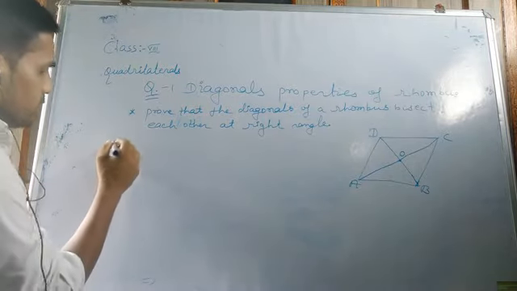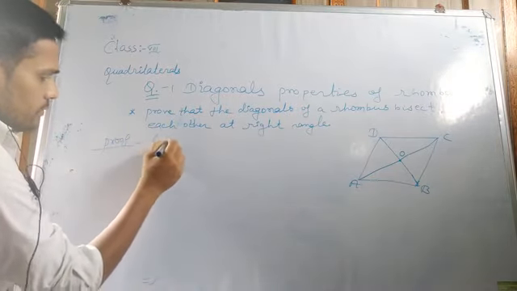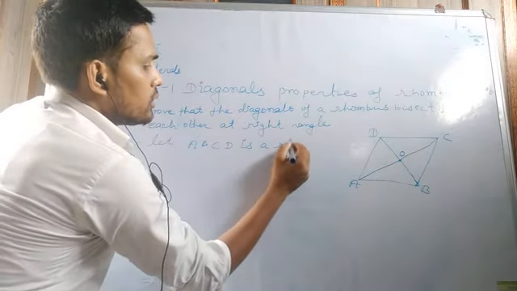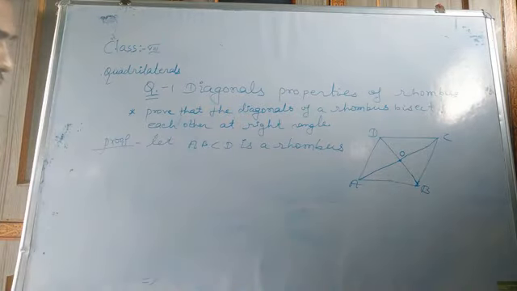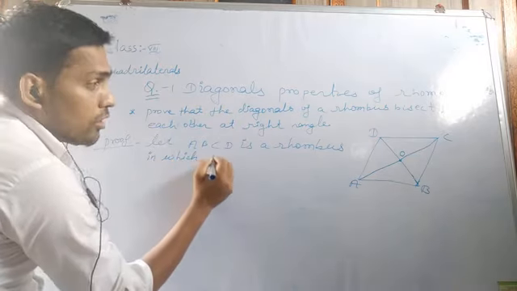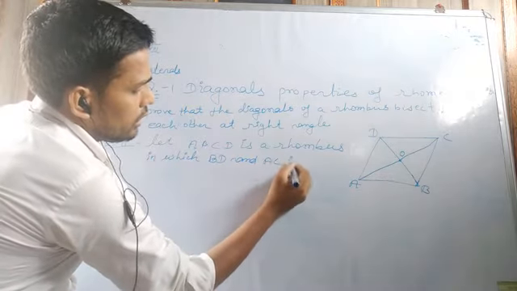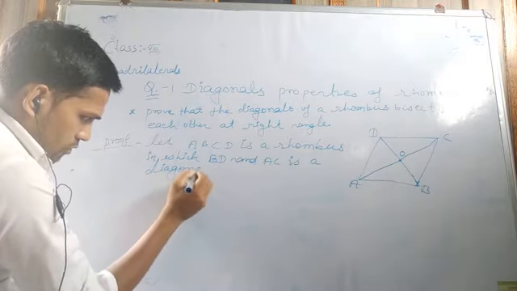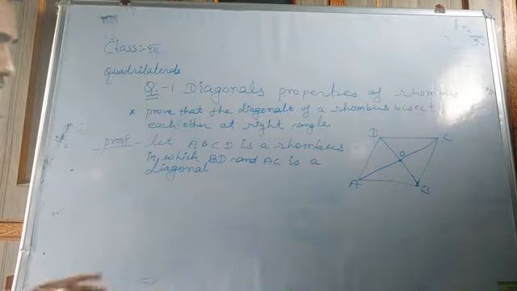Now let us prove this. Let ABCD be a rhombus, in which BD and AC are the diagonals.